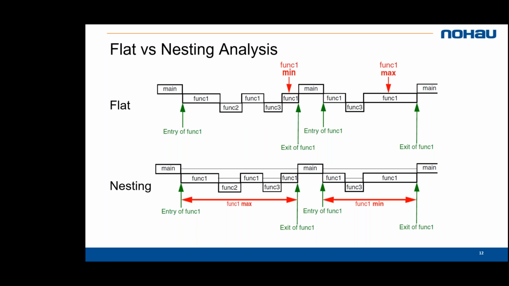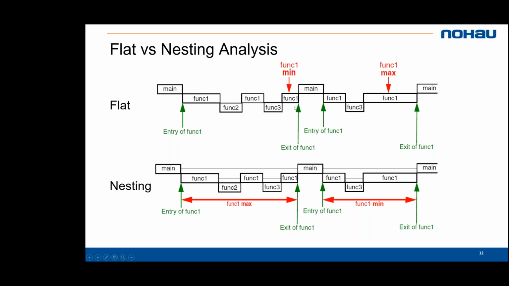So for example, if you have a flat analysis and we have a use case like here on the picture, you're in main and then call some function func1, which then calls func2 that returns to func1 and then calls func3 and then returns to func1, which then exits or returns to main again. So if you have a flat analysis, it doesn't detect that there are function exits anywhere.